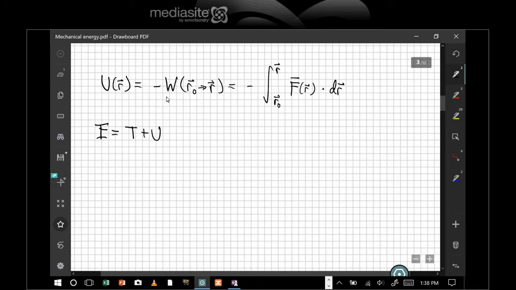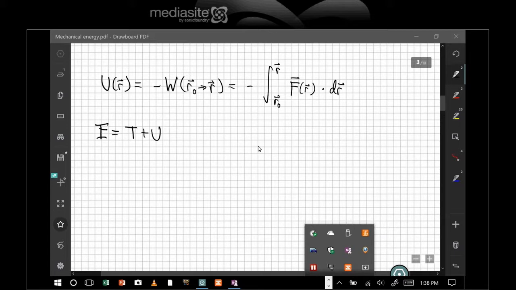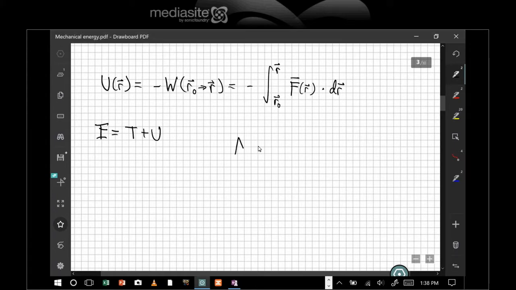What we're going to show is that for a system with only conservative forces, no non-conservative forces, the mechanical energy of the system is conserved. How do we show that? From the work-kinetic energy theorem, the change in kinetic energy is equal to the work done from 1 to 2.